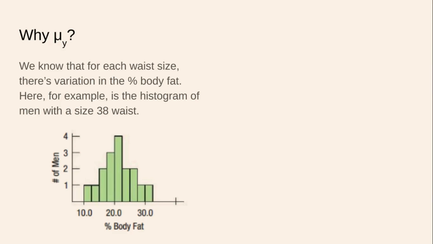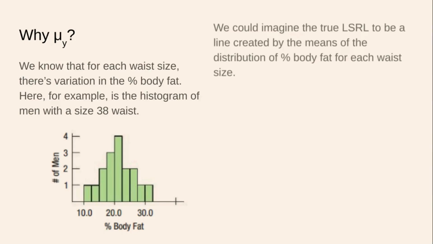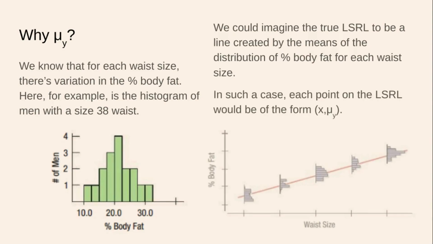Here, for example, is the histogram of men with size 38 waist. We see there are all different percent body fat counts for these men with a size 38 waist. We could imagine the true least squares regression line to be the line created by the means of the distribution of percent body fat for each waist size. To visualize that, we would have a picture like this.